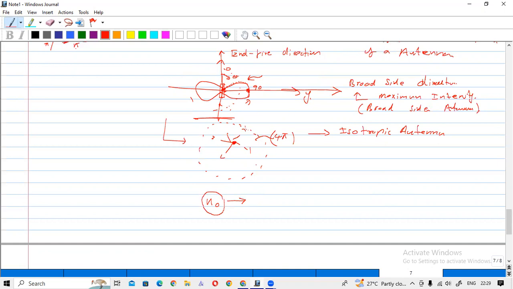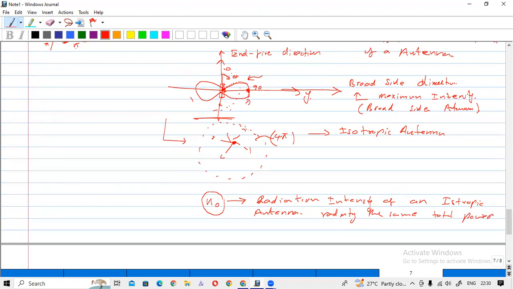So we can say it is like this: the radiation intensity of an isotropic antenna radiating the same total power is defined as U naught.